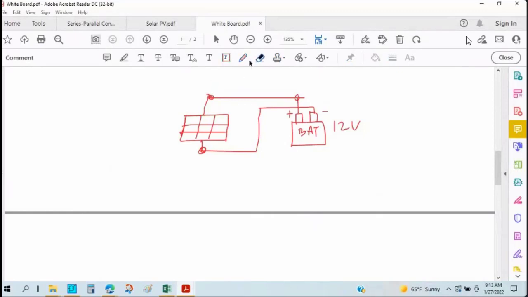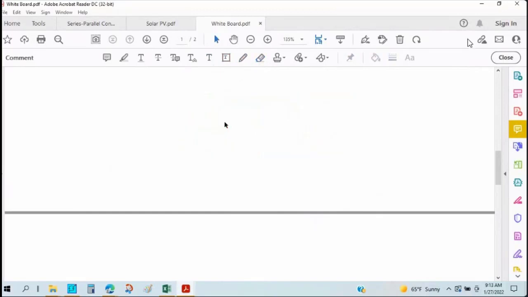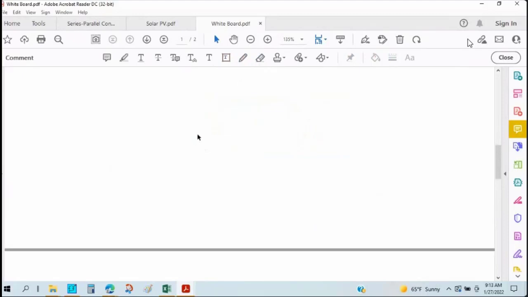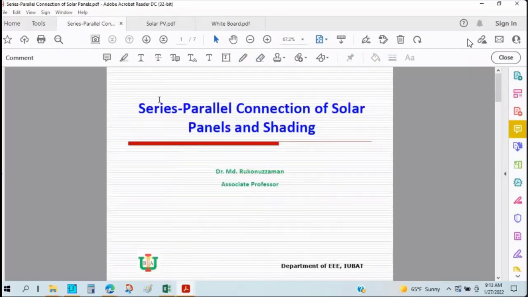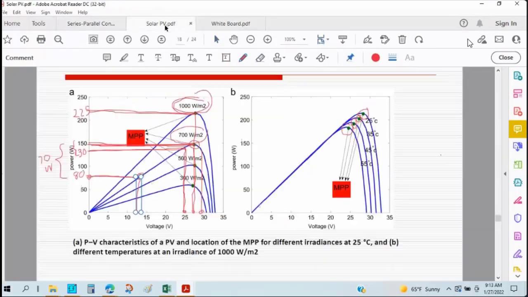So what we have to do here is, I'm going to show a circuit with which we can extract the maximum power. If we want to increase the voltage or the power, we need to connect the solar panels in series as well as in parallel, increasing the solar cells.